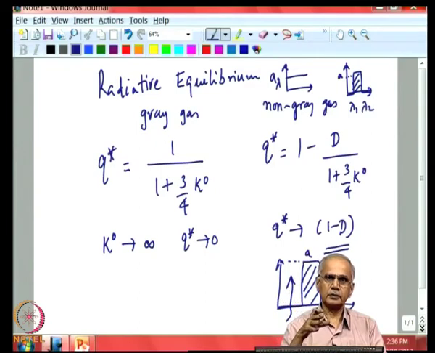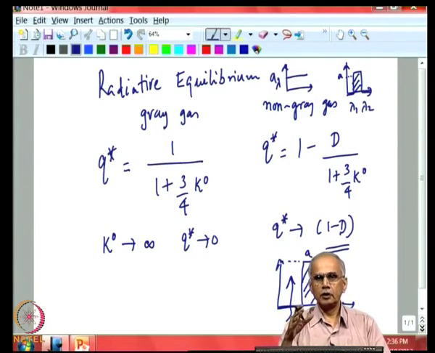But the purpose of a course like this is to teach you to understand how radiation behaves in the real world. So, we have to deal with approximation, but at the same time we must recognize the limitation of the approximation. So, we did gray gas knowing fully well it is not a good approximation for real gases.